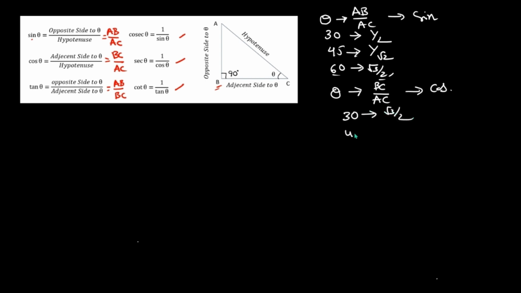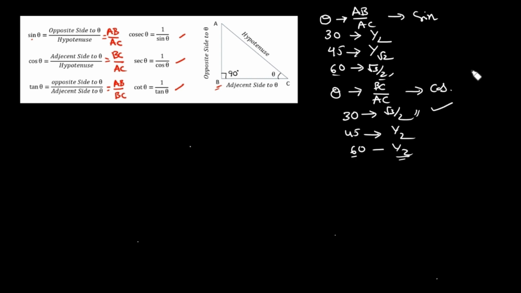For 45 degrees, this ratio is 1 by root 2. For 60 degrees, this ratio is 1 by 2. If this ratio is coming as 1 by 2, then we will say that this is for 60 degrees. You can get these ratios for any angle by the graphical way very easily.